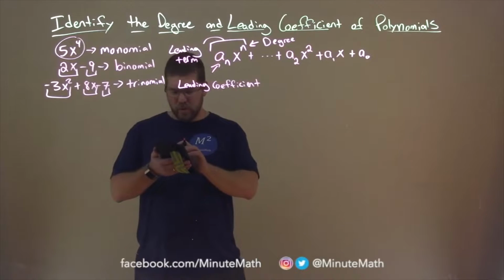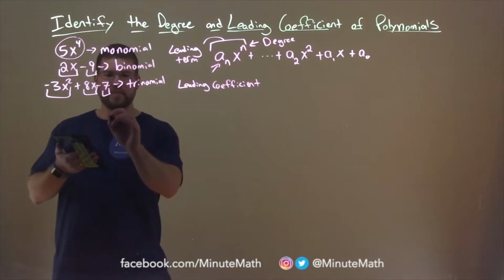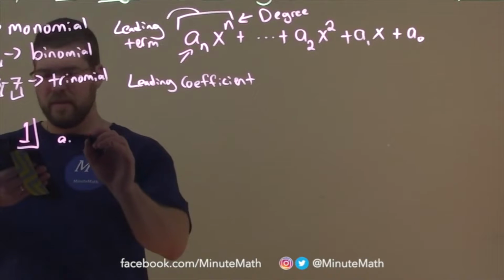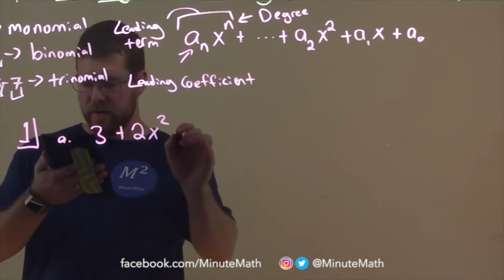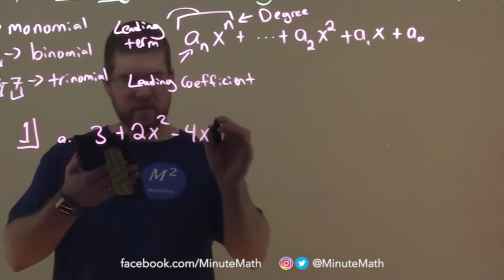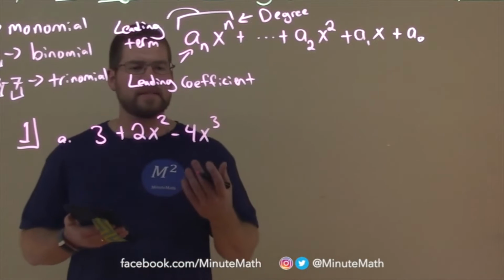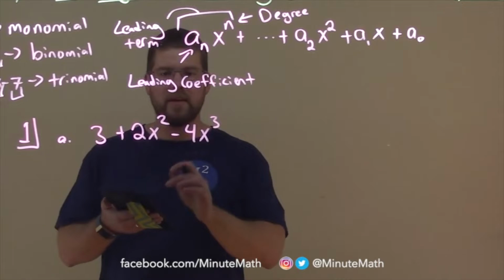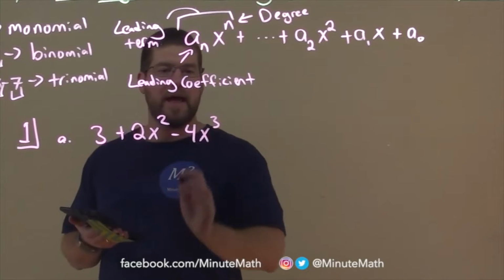Okay, so let's go identify some polynomials. Say I'm given this: 3 plus 2x squared minus 4x to the third power. What's our highest power here? We have nothing but x squared and then x to the third.